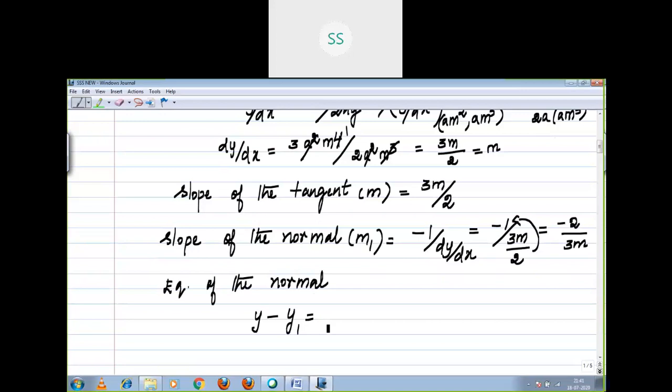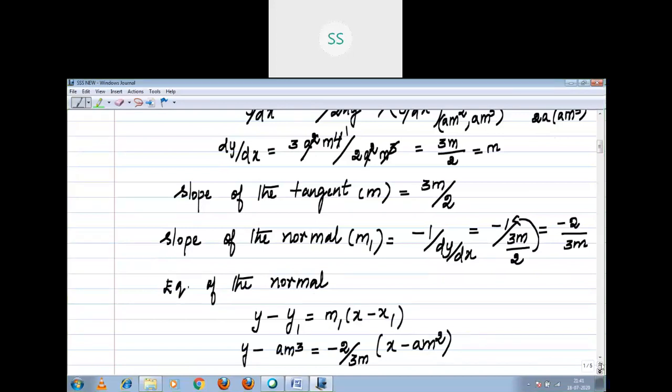Here your slope of the normal is denoted as m1, so m can be replaced by m1, times (x − x1). Now y − am³ = −2/3m times (x − am²). Your x coordinate is am², your y coordinate is am³.